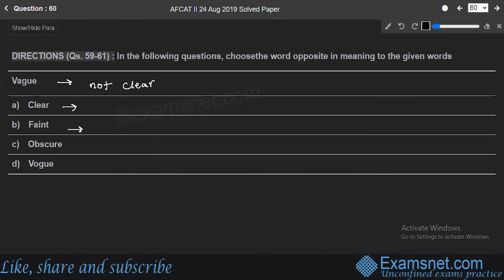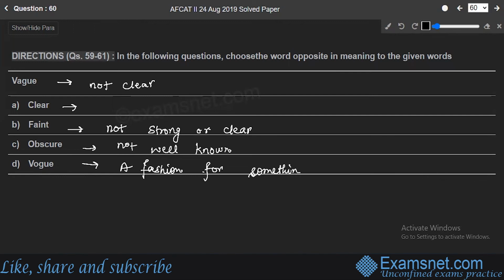Faint means not strong or clear. Obscure means not well known. And vogue means a fashion for something.